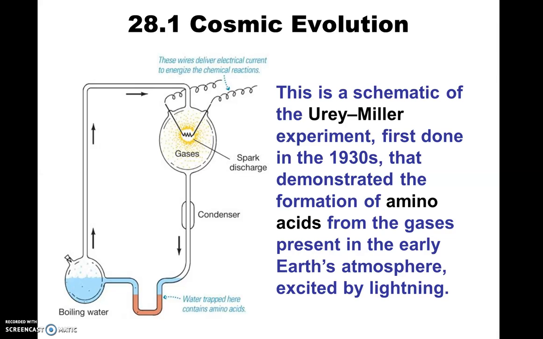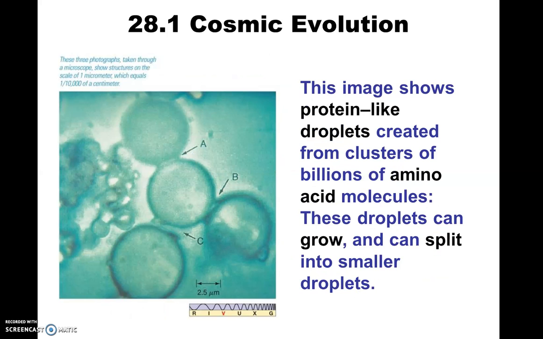I mean, people thought maybe that was what was going to happen, but to actually see it happen and to be able to go in there with microscopes and identify these amino acids was pretty significant.